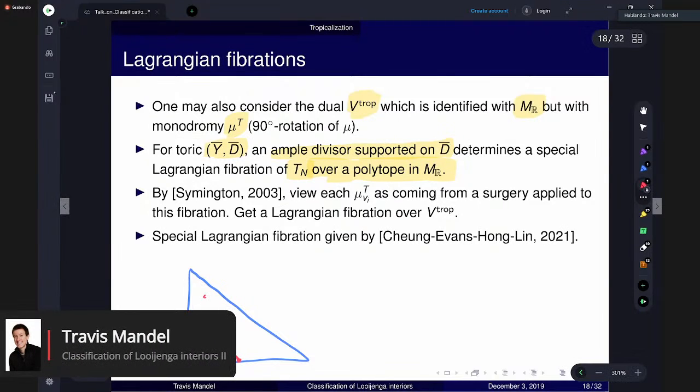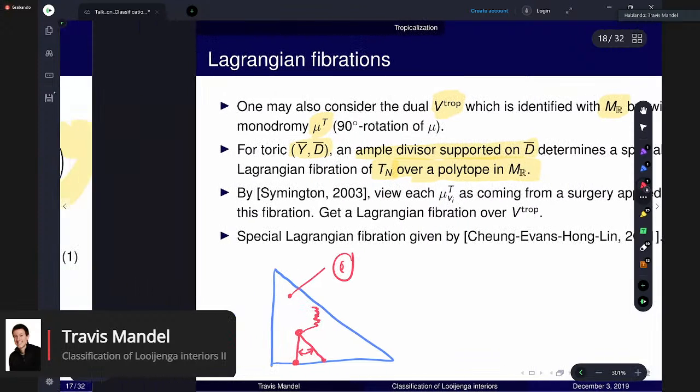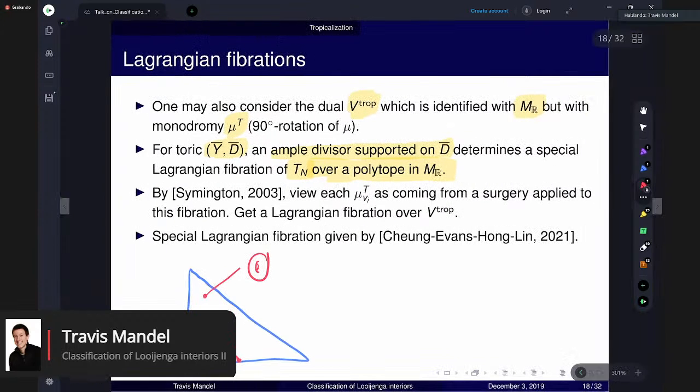So over most points here, you have a torus fiber. Over this point, you'll get a pinched torus.